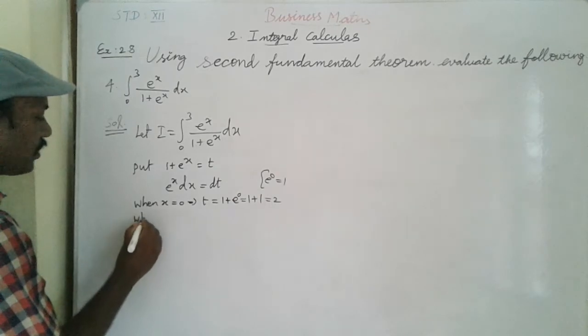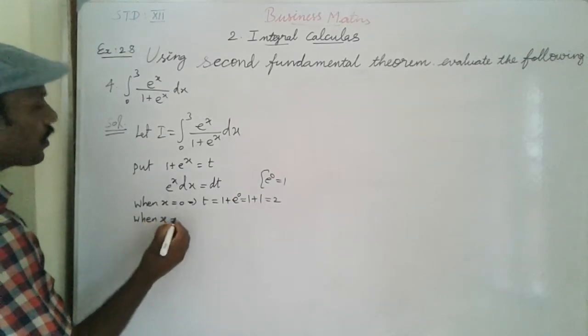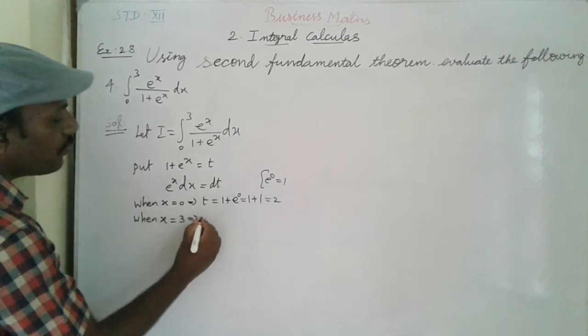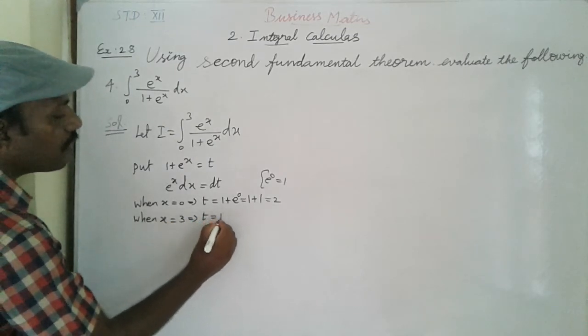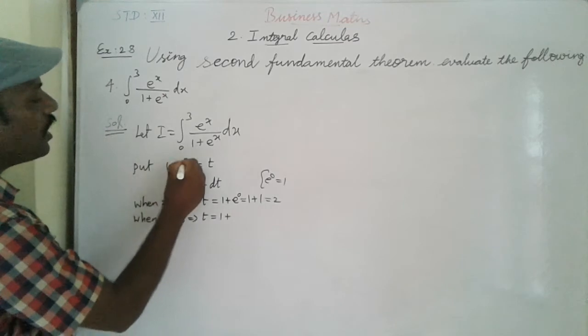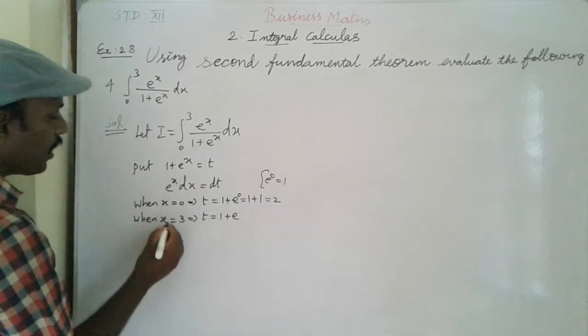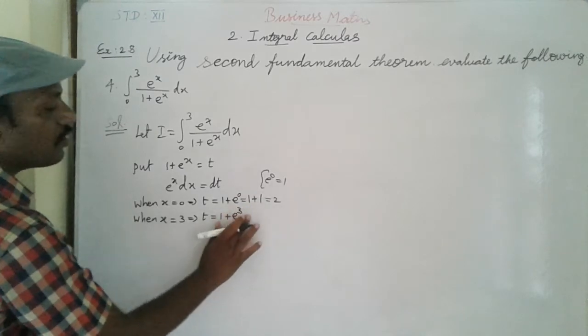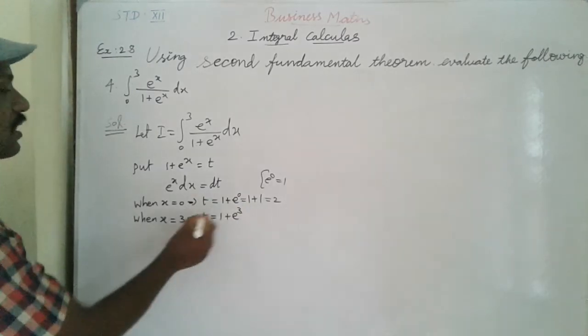Next, the next limit is x value 3, then t equals 1 plus e power 3. This is the second limit.